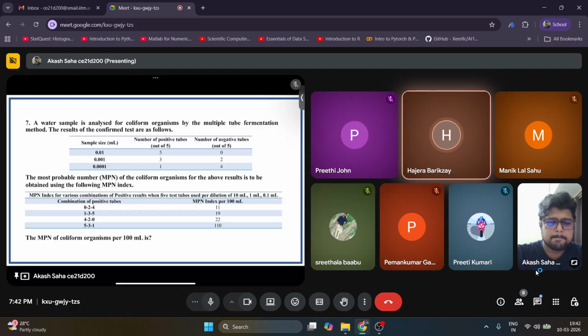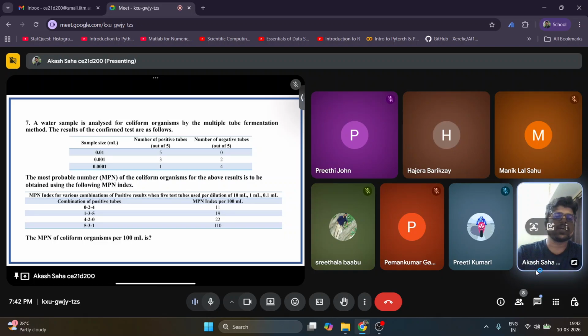Like if we put these tubes and they have a certain vessel in it, if the gas forms, it's positive. If it's not, it's negative. Yes, yes. So we check the gas formation, and this gas formation is due to the presence of microbes. So ultimately, we are trying to predict how many microbes are there in my system.